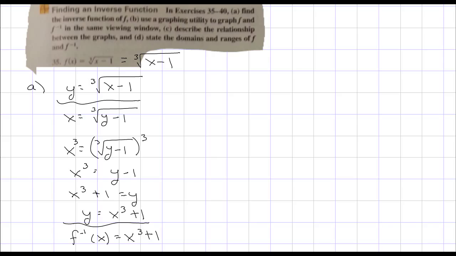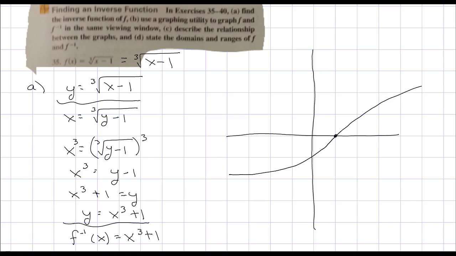Part B, using a graphing utility to graph f and f inverse. Let me throw this in the calculator real quick here. So what do we got? The cube root of x minus 1. Alright, so that graph is going to look something like, it's going to go through here, so it's going to look something like that.